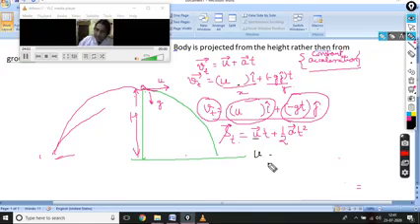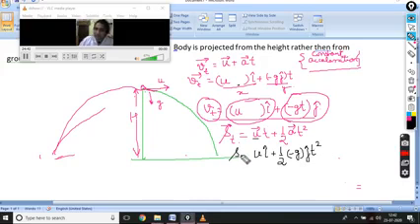Fine. So the displacement St is given by u into t, in the i direction, so ut i, plus half into acceleration, which is minus g in the j direction, into t square.